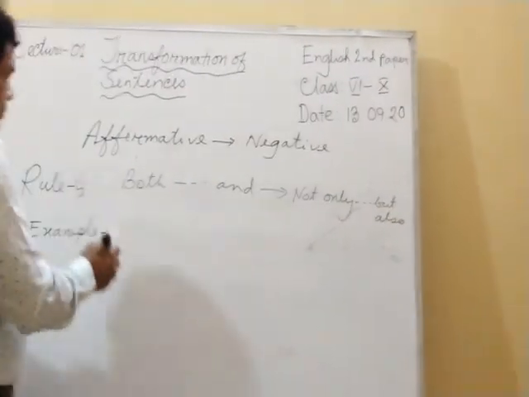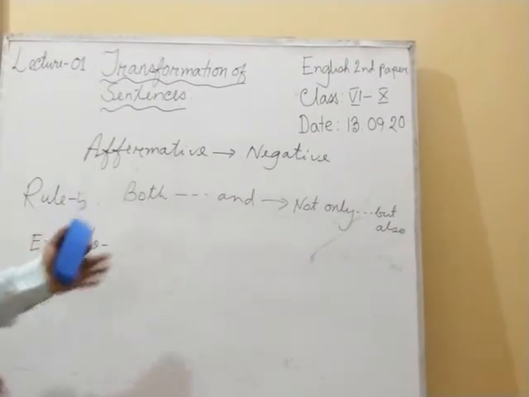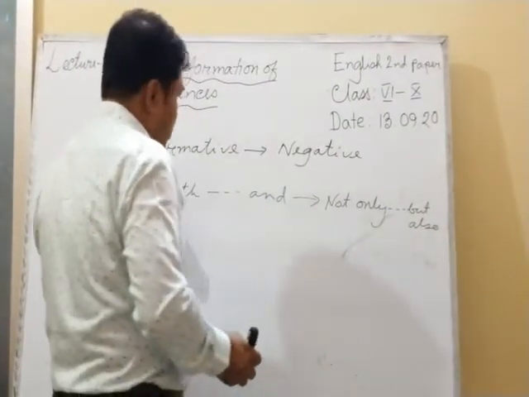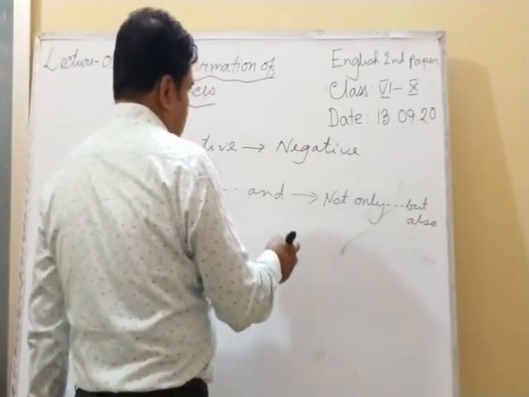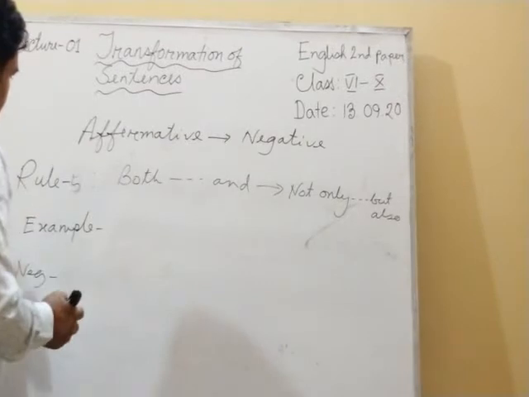If we see both and in an affirmative sentence, we will use not only in place of both, and in place of and we will use but also. Look at the example.